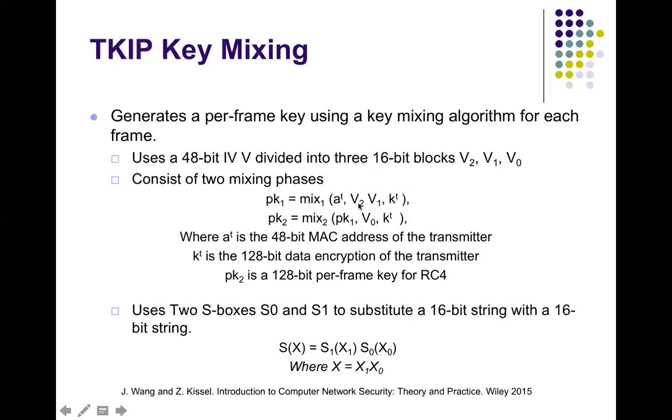As you can see, this is a mixing scheme that just wants to generate a per frame key so that you don't really have a direct relationship, to make the whole thing a lot more difficult for the attacker.